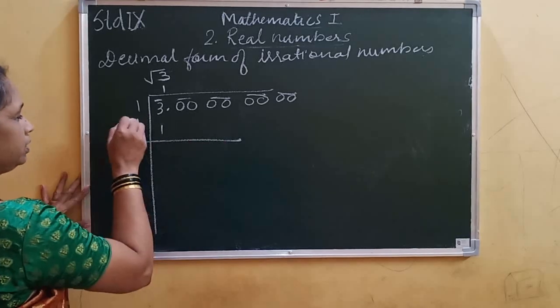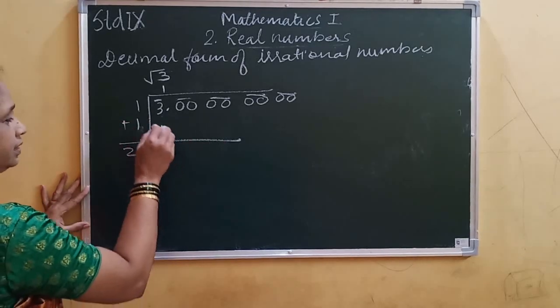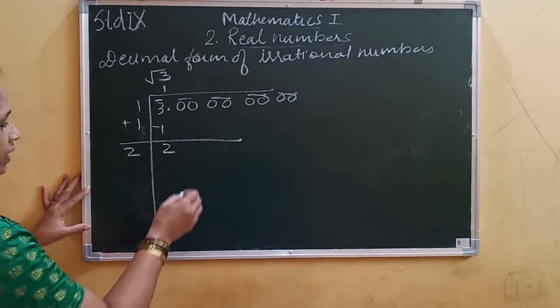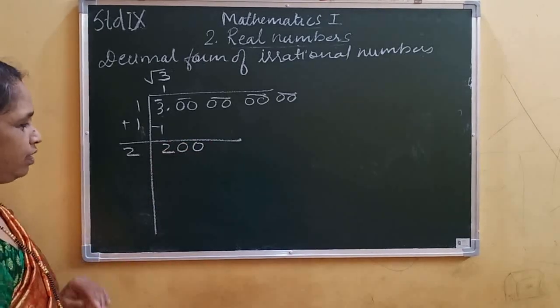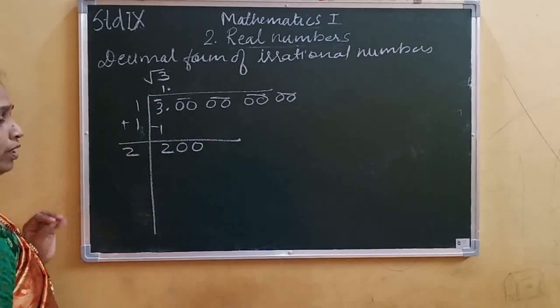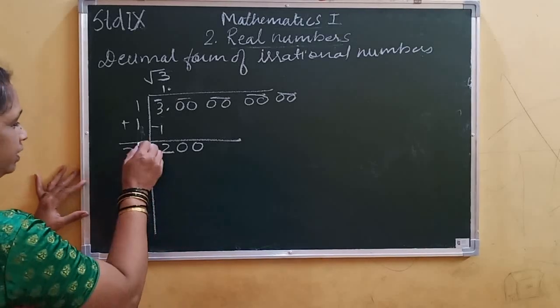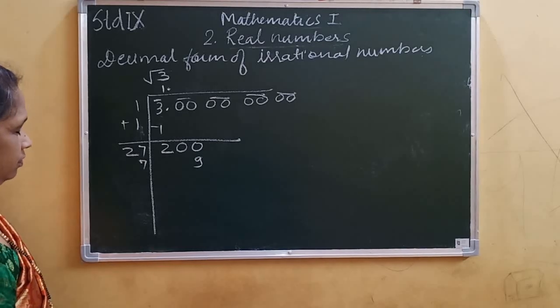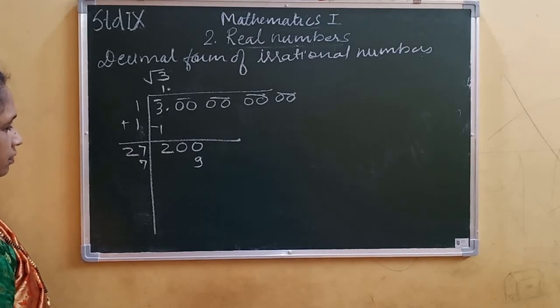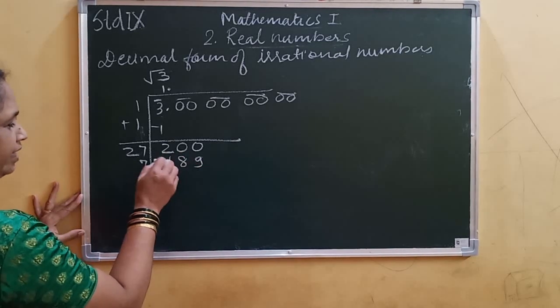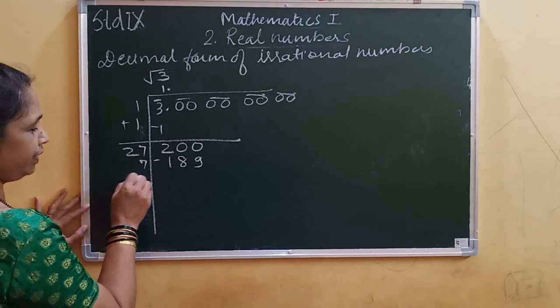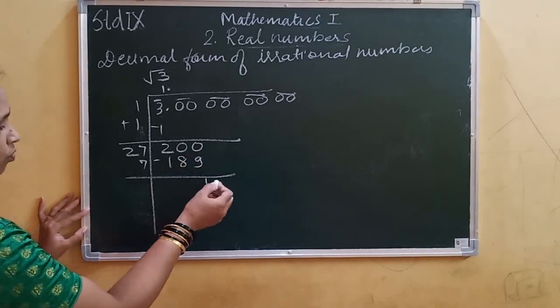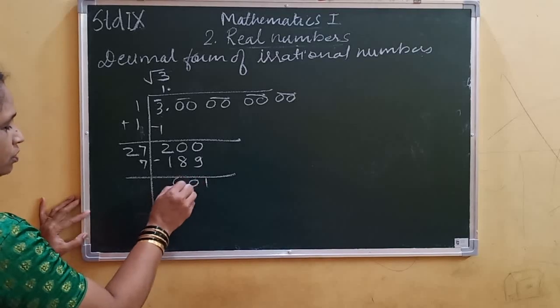So this addition is 2 and this is 2. And we can take 2 zeros now. Okay, 200. Now for 200, which number will come here? See, 27 7s are 189. Means here 1 0 0.